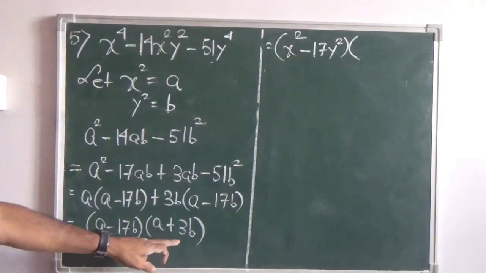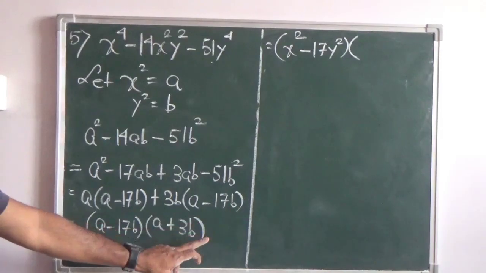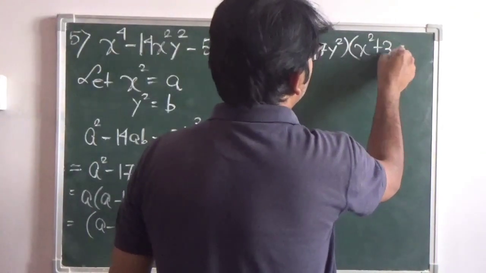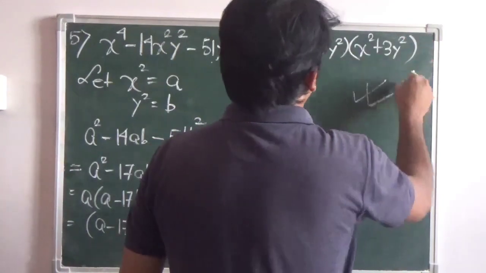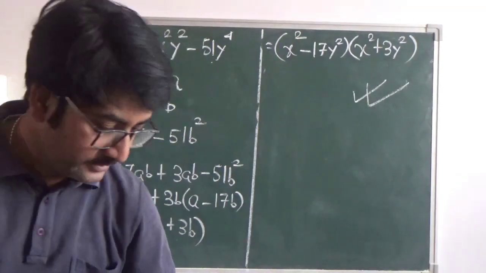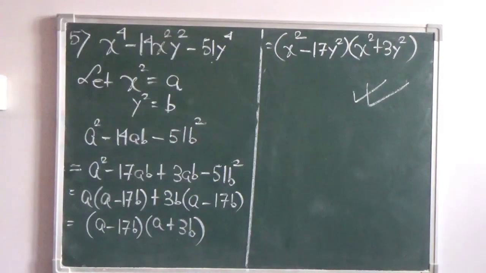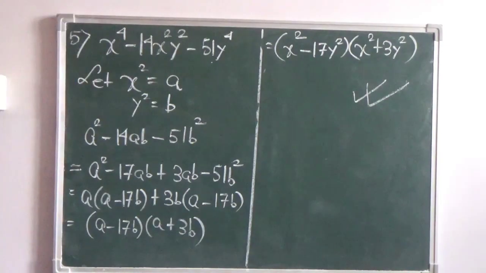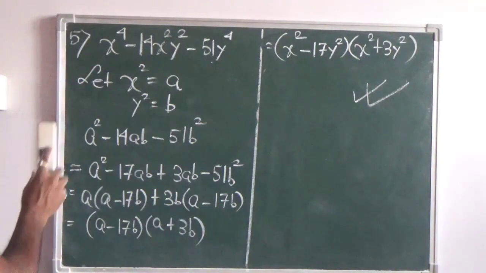X square plus 3y square. So it is done. Okay. So this is question number 5. Now move on to question number 6.